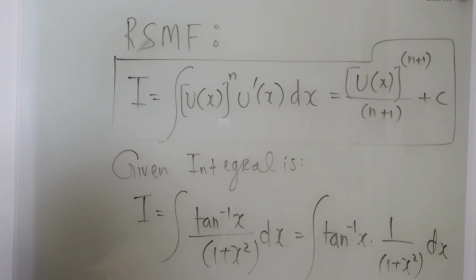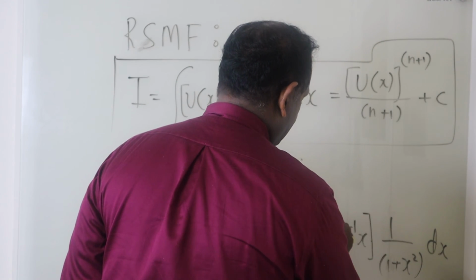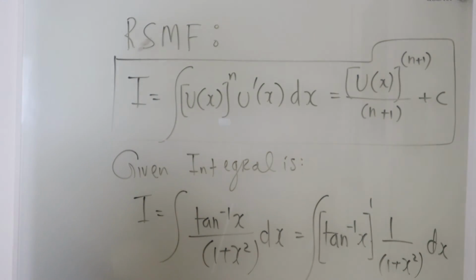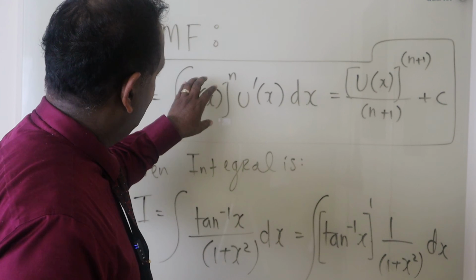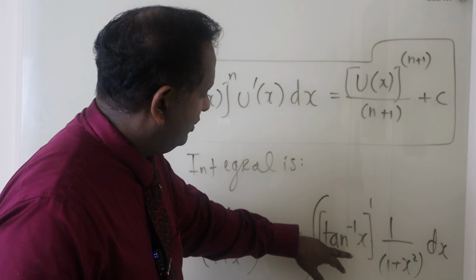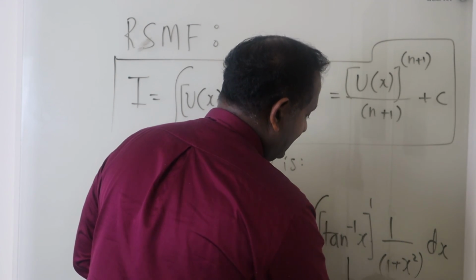See? To make this clearer, I'm going to put a 1 over here, power 1. Now it seems like this is my u, and the 1 is like my n. Then I go and see what's the derivative of tan inverse x.